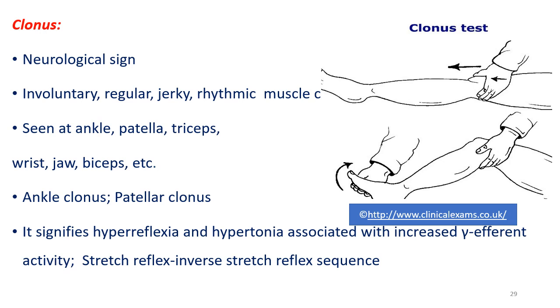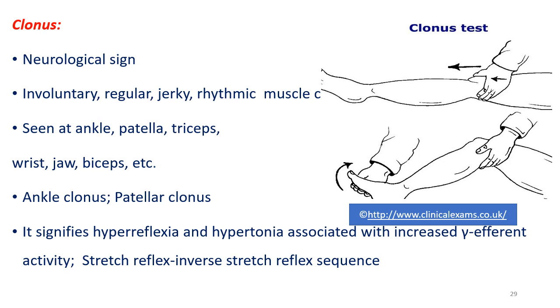So once this upper motor neuron contact is lost, which can happen whenever there is any upper motor neuron lesion, or the pathway connecting to the lower motor neuron is lost, what will happen now? These lower motor neurons, like the gamma efferent motor neurons, come out of their inhibition, because there is no stimulation to the interneurons which were inhibiting these gamma efferents.